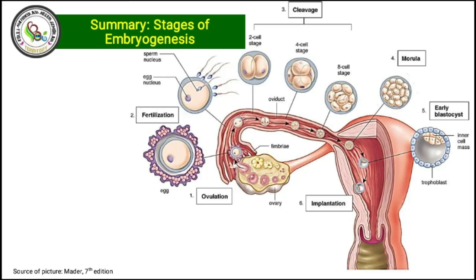It transforms into a blastocyst, a fluid-filled hollow ball of cells. The blastocyst is then implanted into the wall of the endometrium. The blastocyst undergoes the process of gastrulation, forming 3 germ layers. Now it is called a gastrula.